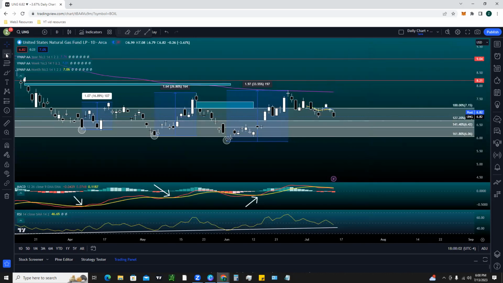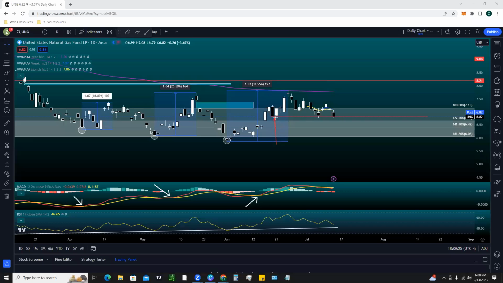Now, this chart does look a little bit different, right? There's less decay associated with UNG. So maybe if you're less risk averse, this is something pretty important that will be better suited for you. All right. But if we take a look, we're essentially trying to break down past this support level here. Okay. Now, is this going to turn into a triple bottom, right?